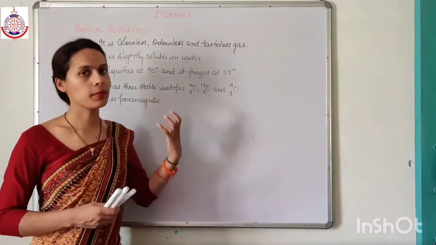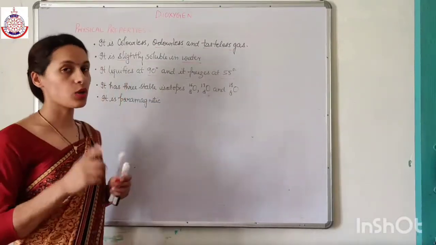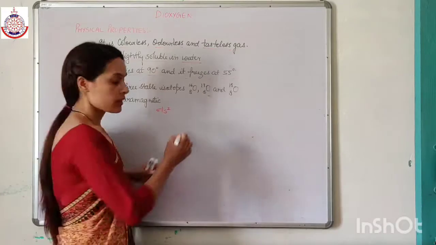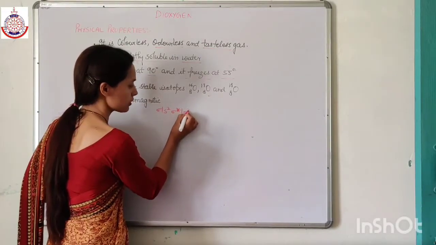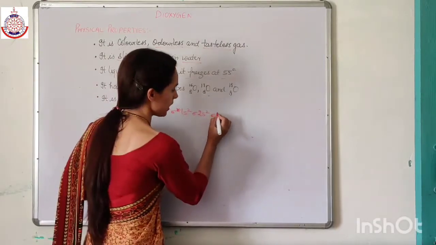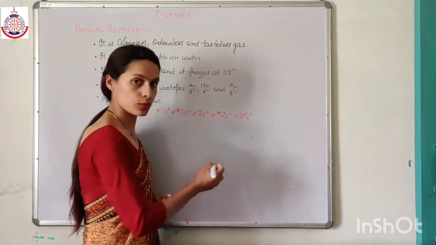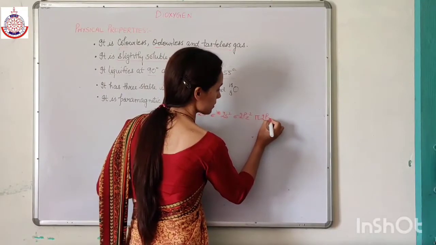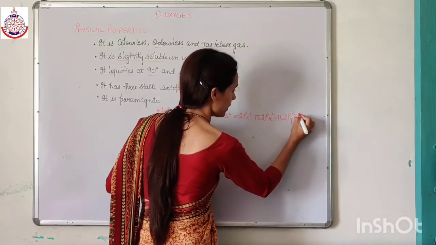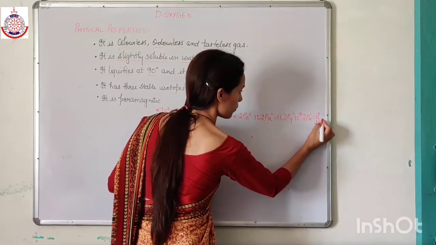And why it is paramagnetic we get to know through its molecular orbital diagram configuration. That is sigma 1s2, sigma star 1s2, sigma 2s2, sigma star 2s2, sigma 2pz2, pi 2px2 equals pi 2py2, pi star 2px1 equals pi star 2py1.